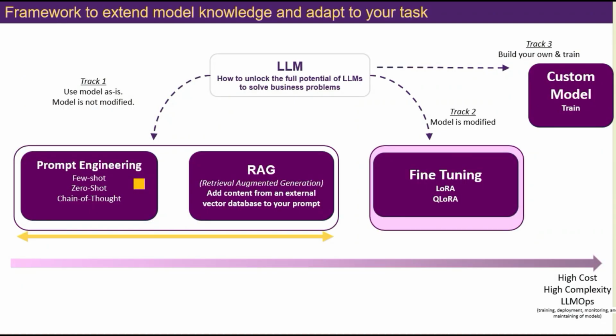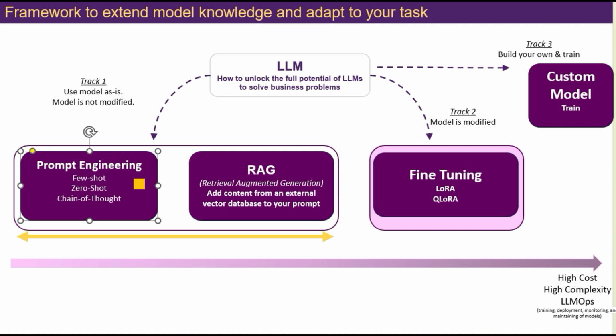And coming back over here, in this track we saw the model's weights do get modified in fine-tuning, and usually in companies, when you start your AI journey, you're gonna start over here. All right, and most of your use cases can be covered using prompt engineering and RAG techniques.